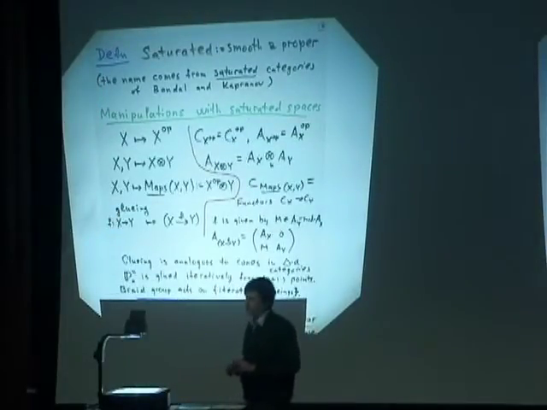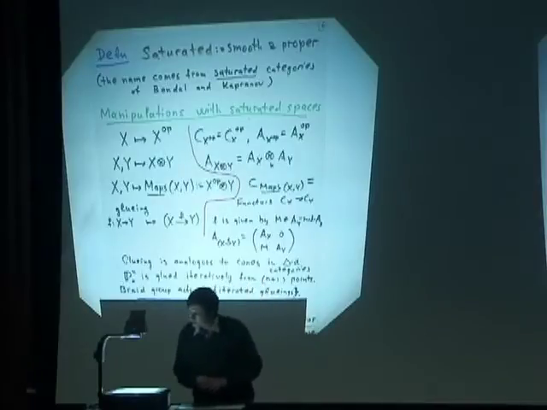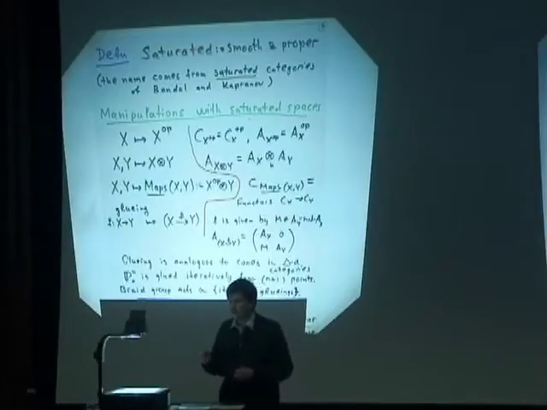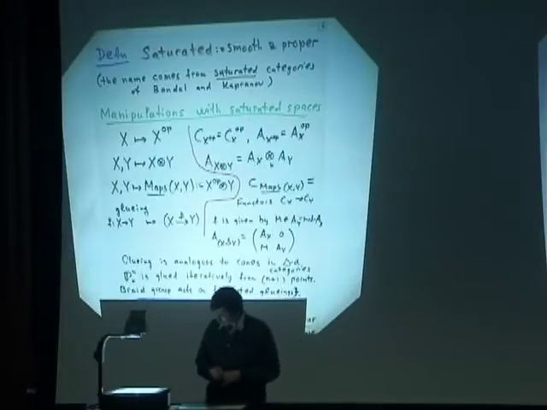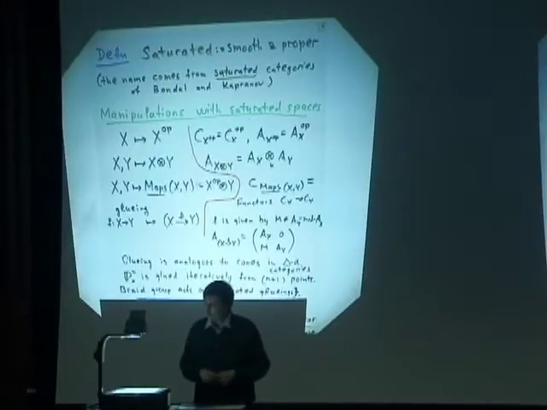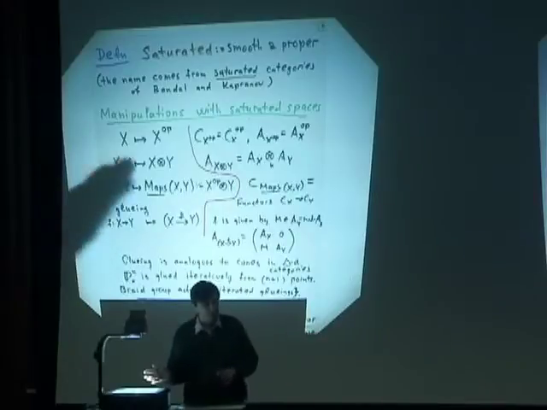Yeah, so there are several things which we can do with these saturated spaces. The first basic operation, which is kind of trivial in the commutative case, is to go to the opposite category or opposite algebra. And then you can go to the tensor product. You just multiply two spaces. It's not the categorical product.